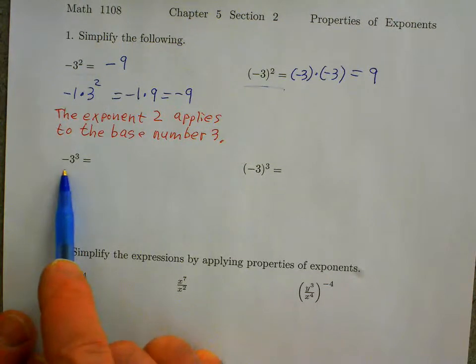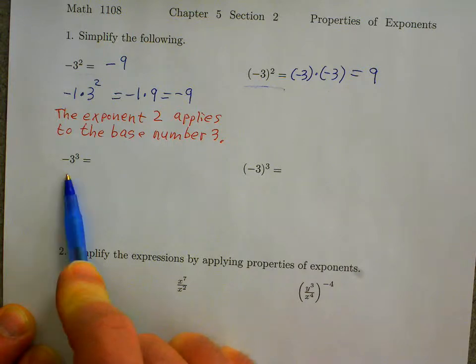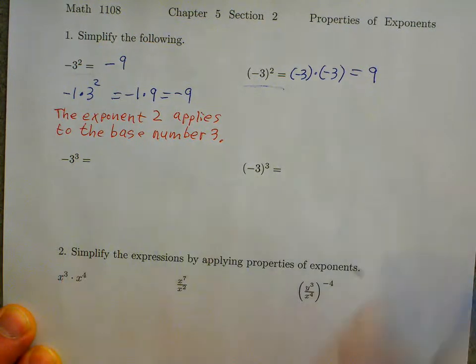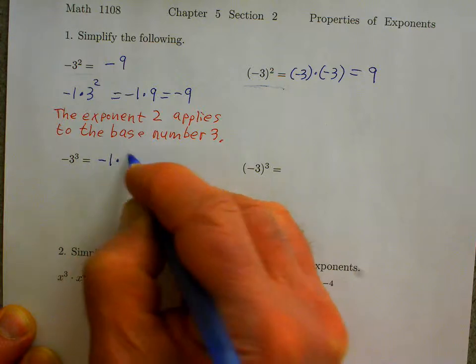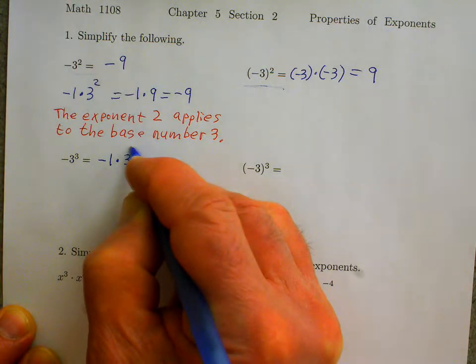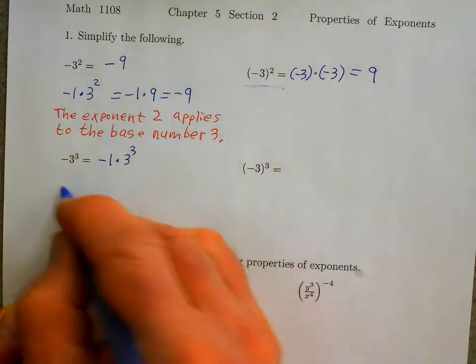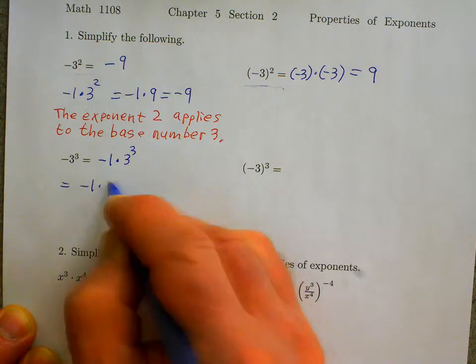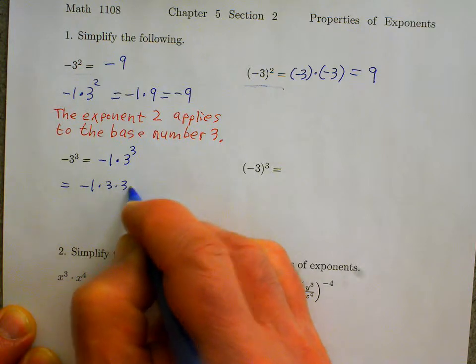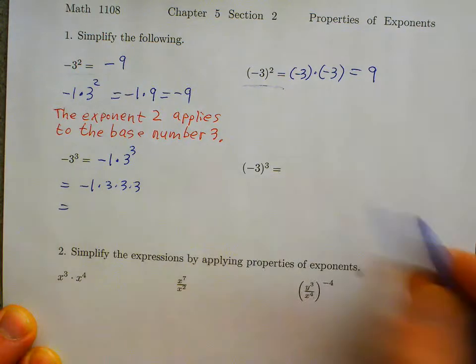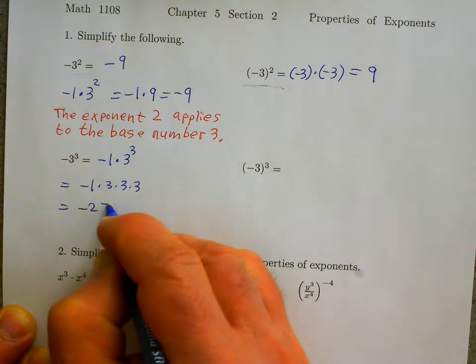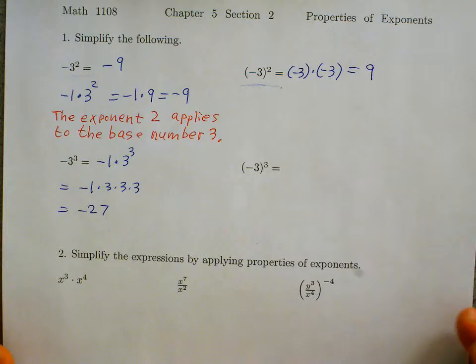So on the left, this means the negative of 3 to the third, which is like multiplying negative 1 times 3 to the third. So negative 1 times 3 times 3 times 3. So we're going to get negative 27.